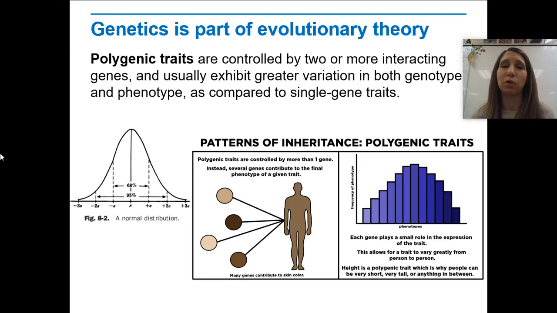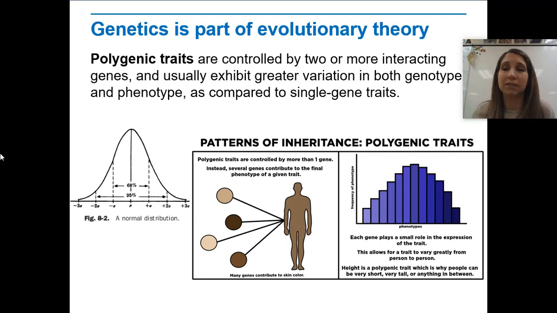We tend to see more variation with polygenic traits compared to single gene traits, like the snails we just saw. Either they have bands or they don't. But in polygenic traits, we get more variation, more uniqueness, and there are more intermediate types in between the extremes. We can track the changes in those phenotypes over time, but it becomes a little more complicated to relate it to a specific gene sequence.